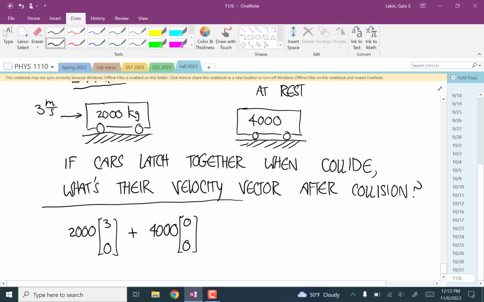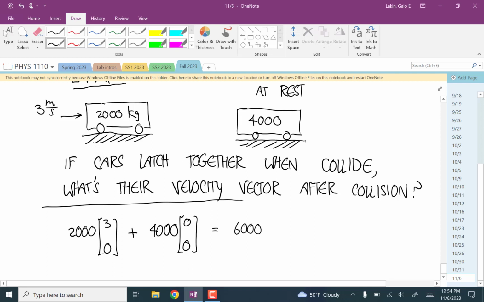After the collision, you can think of it as a single object now that has a mass of 6,000, which is just the sum of the masses.